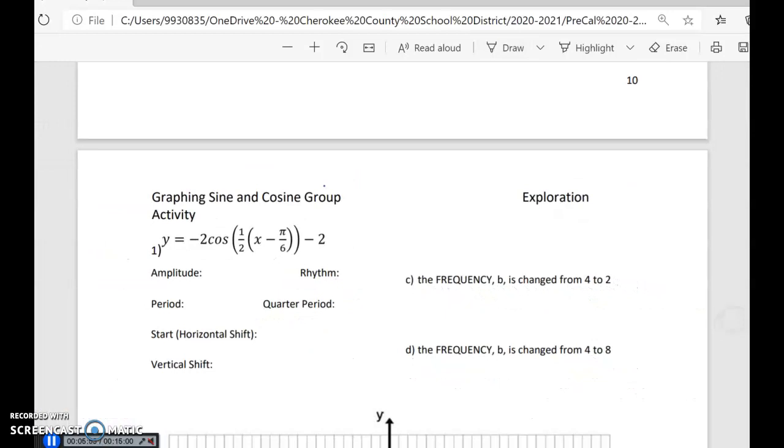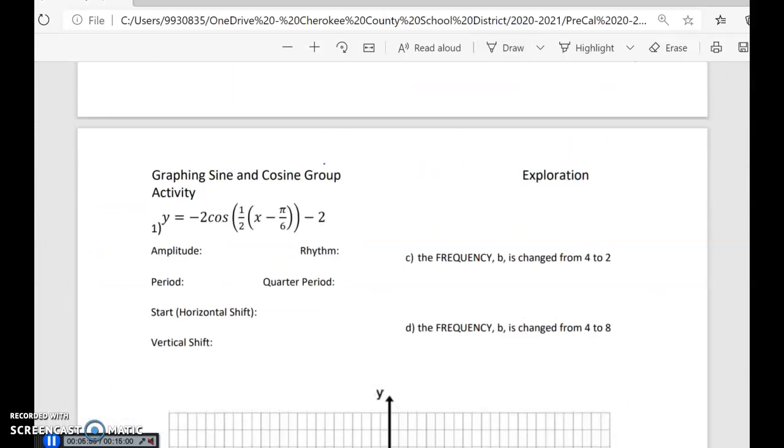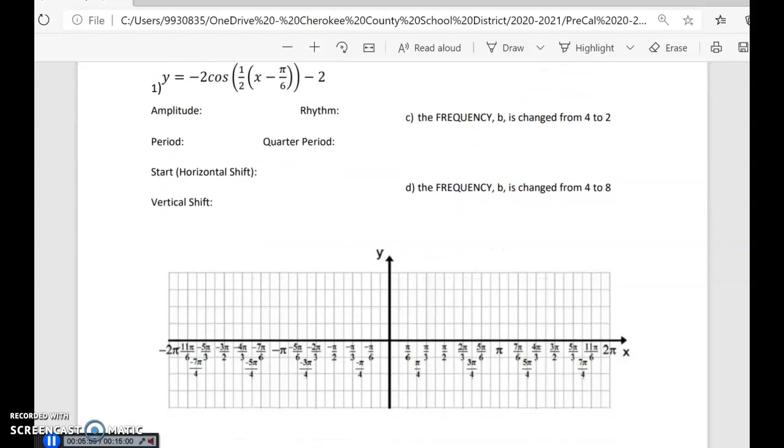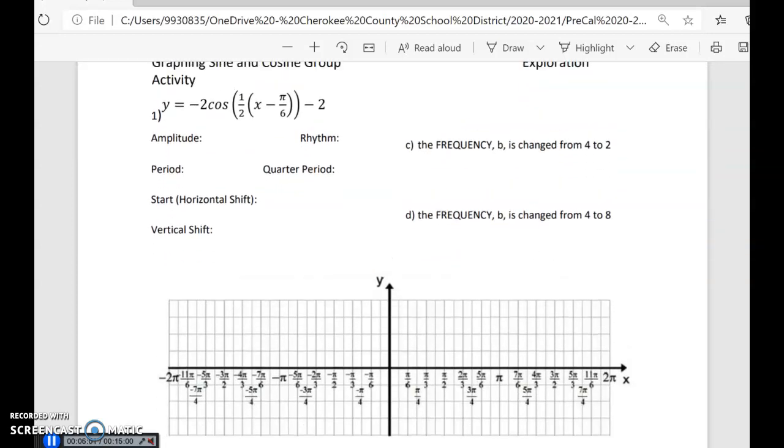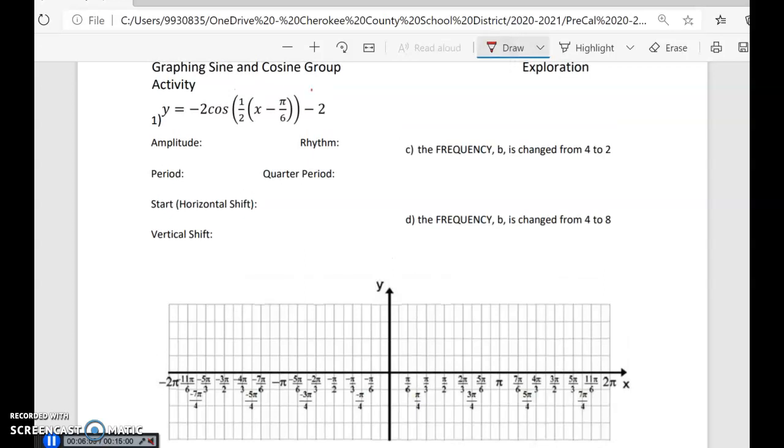Okay, here's another. I don't know what happened to this page, but everything kind of got all mixed up. But we're going to talk about, again, my midline. You notice right here that the vertical shift is a negative 2. So at negative 2, I'm going to put my midline. My amplitude is 2.